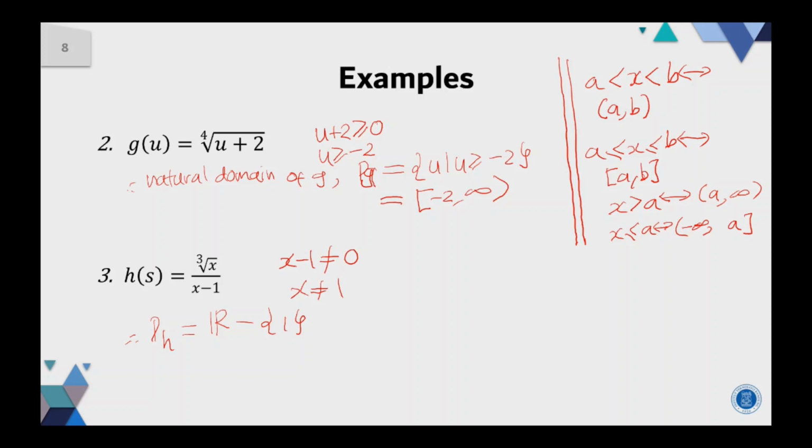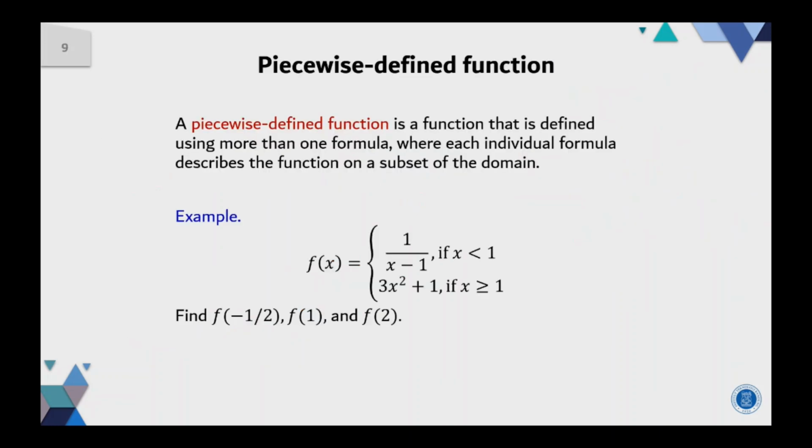And the next one is what we call a piecewise defined function. So it is possible to have more than just one formula for a function. Here we have an example of a function which has two different formulas: 1 over x minus 1 and then another one, this one.